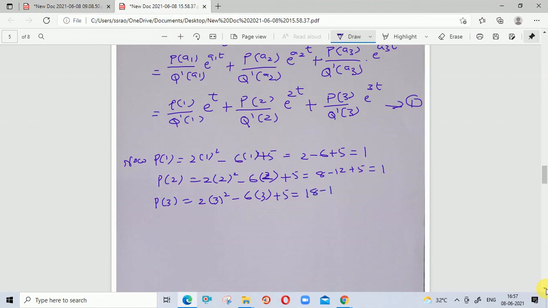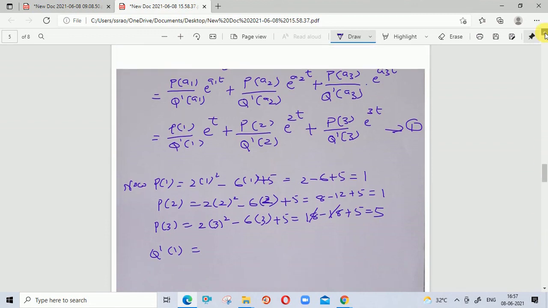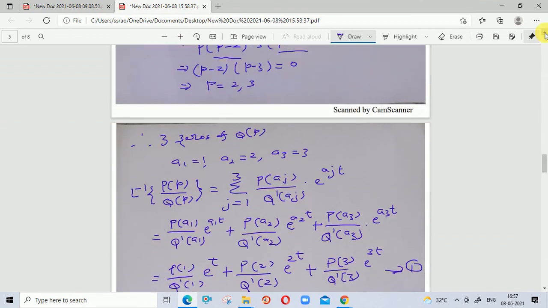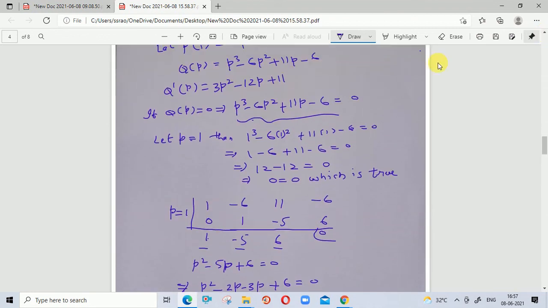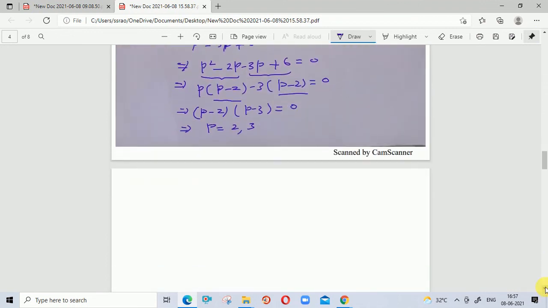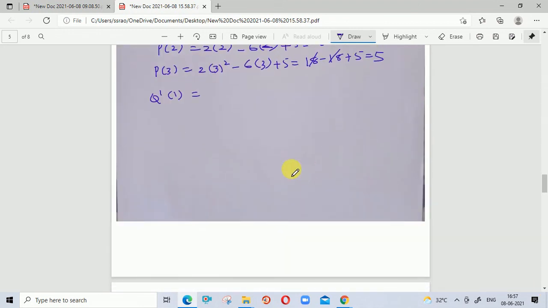Similarly, Q dash of 1 is equal to... what is Q dash of P here? Three p square minus 12p plus 11.